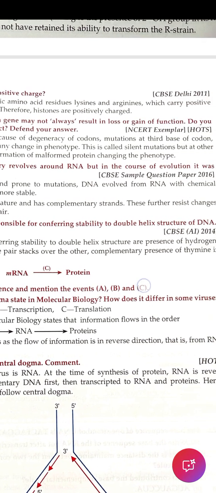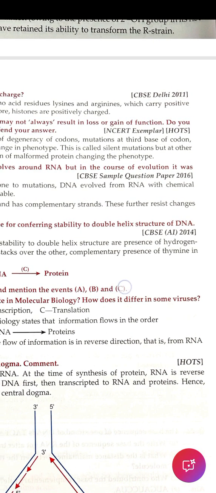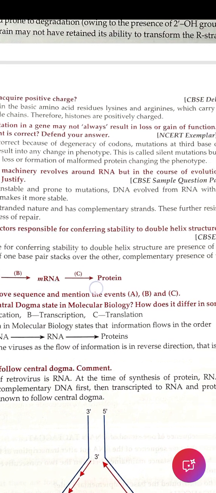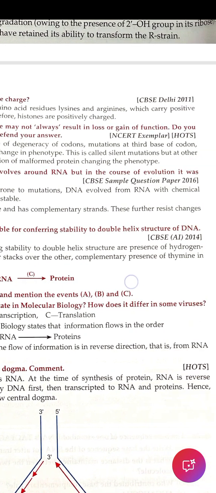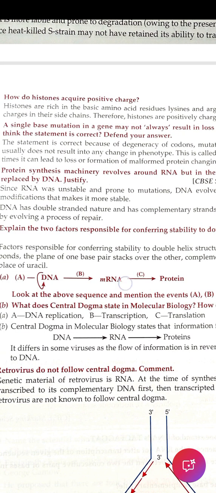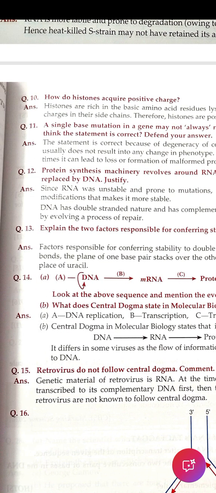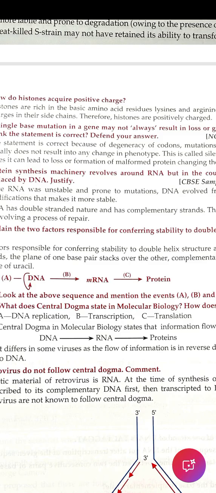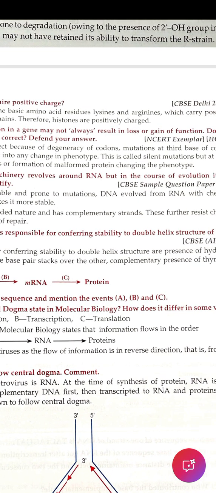Mutations at the third base of a codon usually do not result in any change in phenotype. This is called silent mutation, but at other times it can lead to loss or formation of a malformed protein, changing the phenotype.